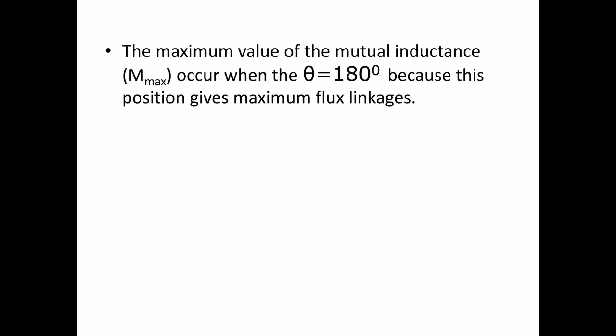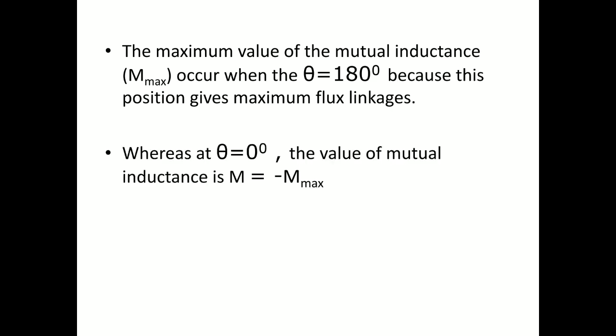Now practically it was found that the value of mutual inductance is maximum, indicated by M max, when theta is 180 degrees. The reason is very simple, because when theta is 180, the flux linkages with the moving coil with respect to the fixed coil are at the highest possible value, whereas the value of mutual inductance is at the minimum possible value, that is M equals minus M max at an angle of theta equals 0 degrees.